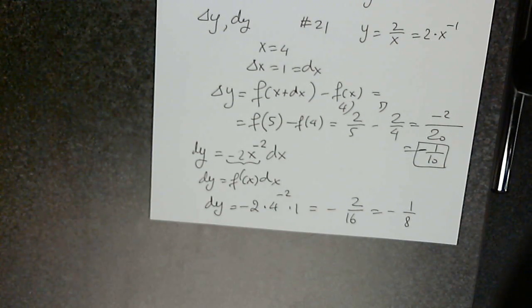I know we don't need a calculator for this, but let's see it. Negative 1 divided by 10, which we know what it is, and negative 1 divided by 8.